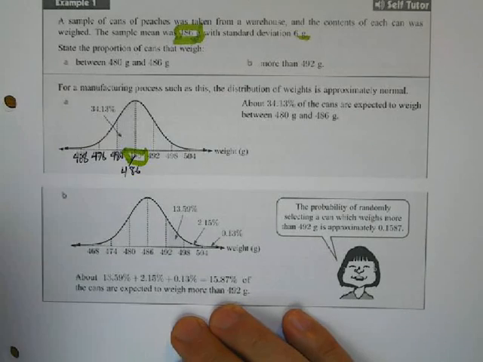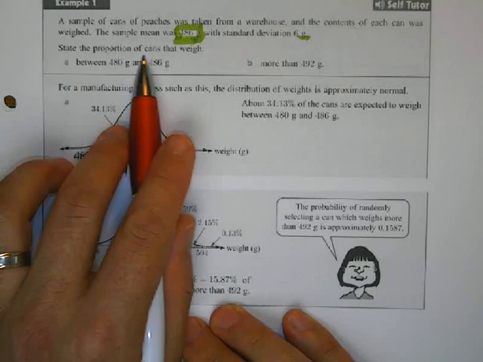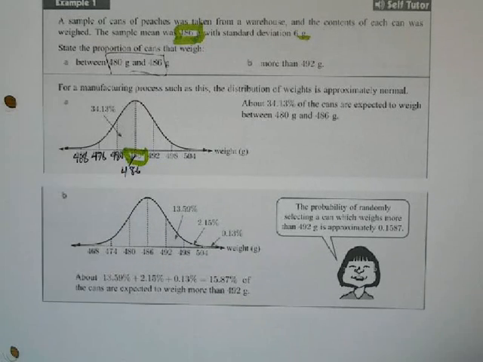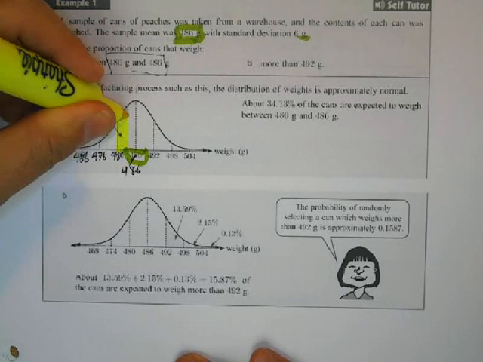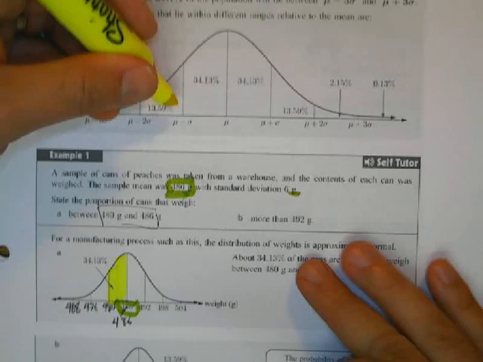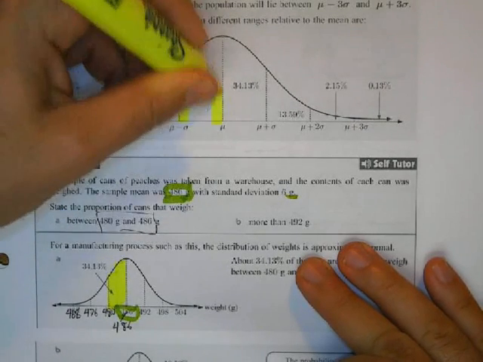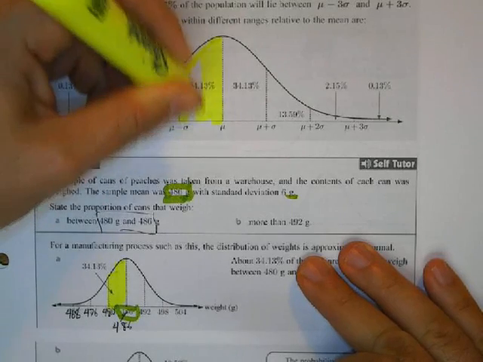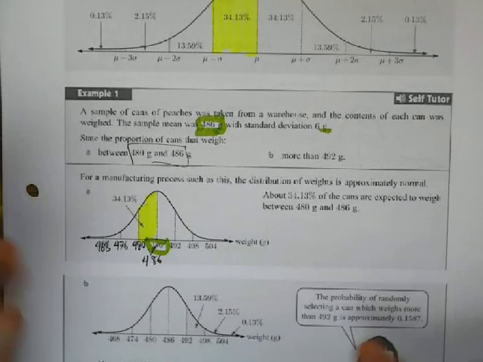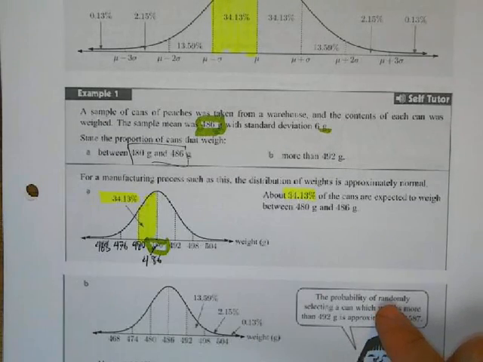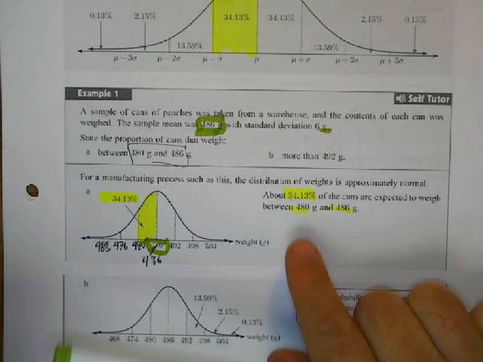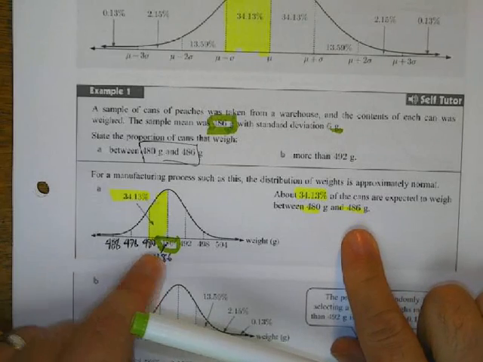Okay, now state the proportion of the cans that weigh between 480 and 486. Well, between 480 and 486 is this value right here. And what we said earlier, if I'm between the mean and 1 standard deviation away, this is going to be 34.13%. So the answer for this is about 34.13% between 480 and 486, because this is the mean and this is 1 standard deviation to the left.